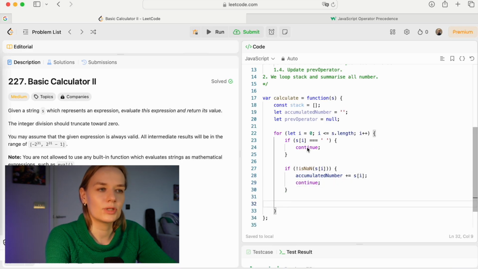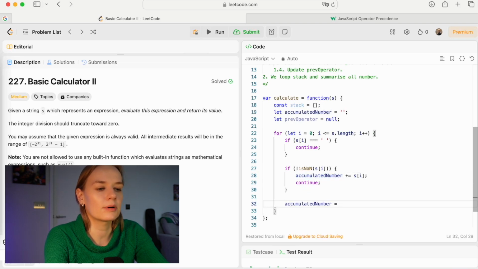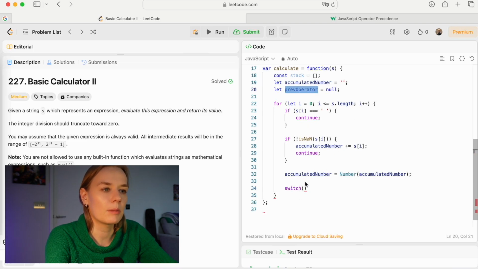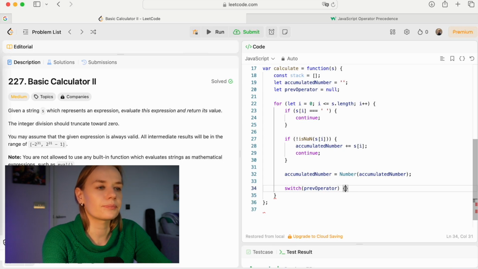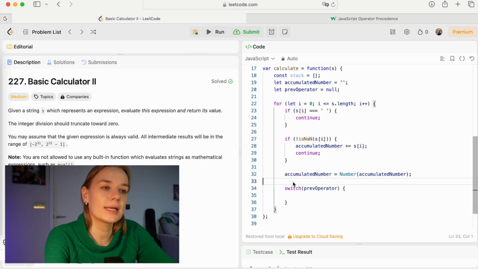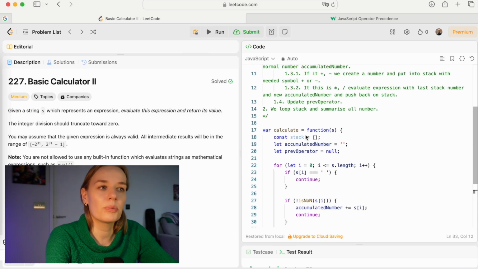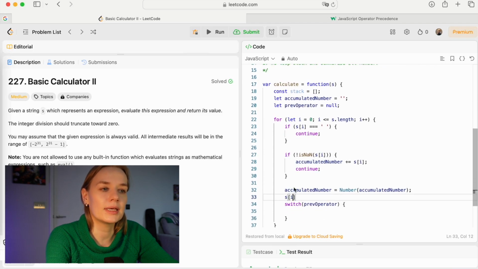If we are not here and not here, we just need to convert the accumulated number. It should be a real number currently, not a string. And then next we pick up the previous operator. When s of I is an operator, we can't be on this line if it's not an operator, because here we check space, we check number.